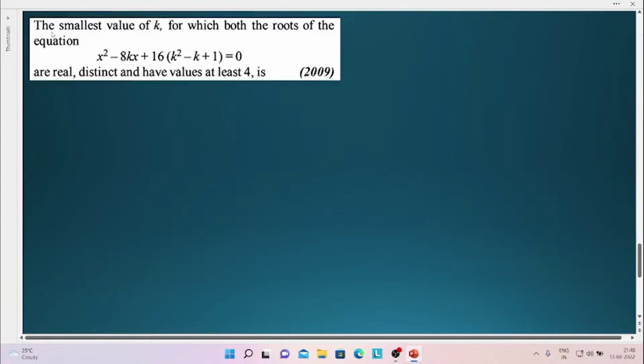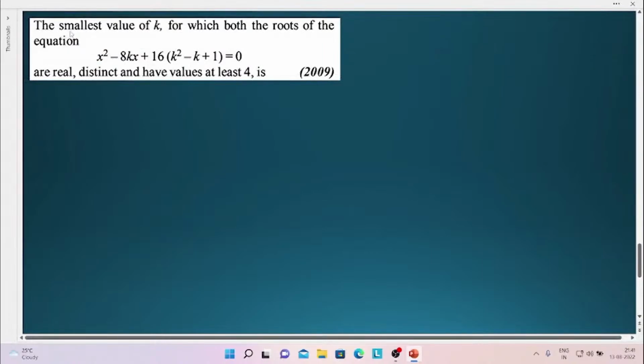Please try to do it on your own. Okay, I think you have got the idea of how you can solve this question, right?